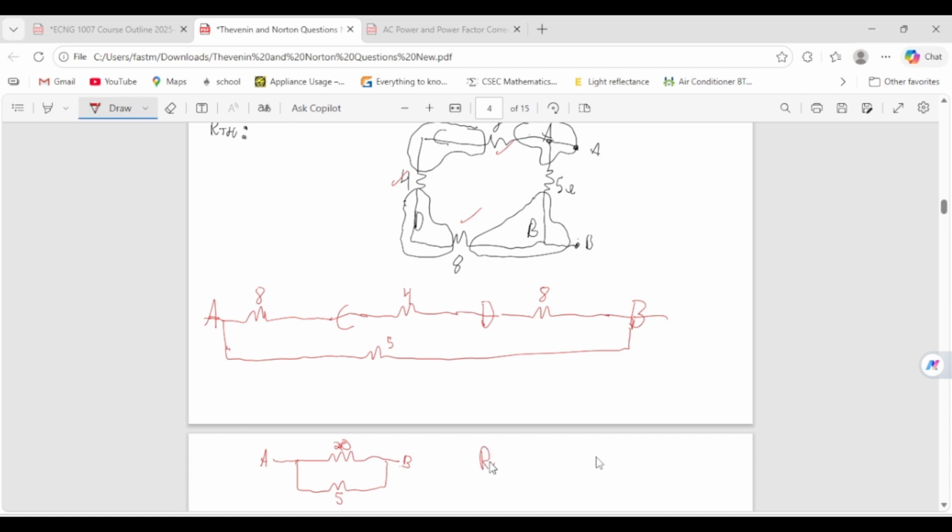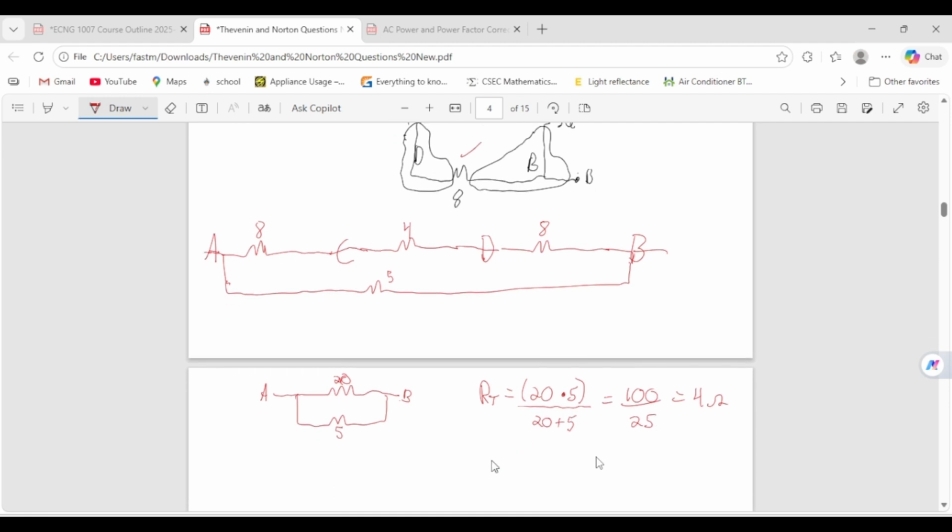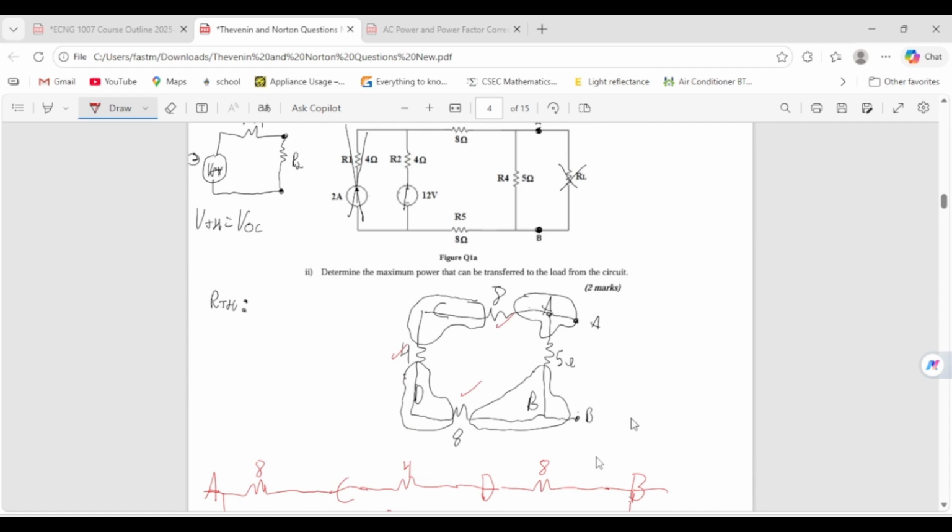So RT will be the product of them divided by the sum of them. Product over sum, so this will be 100 divided by 25, which is 4. Yeah, and that is the RT. Remember, we're doing Thevenin, so the RT in this case will be our RTH. So that is the first piece done and dusted, right?